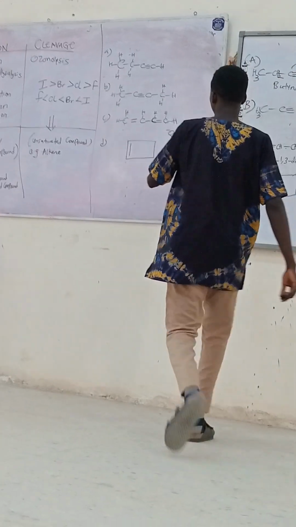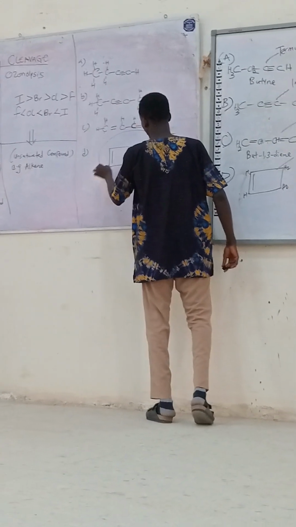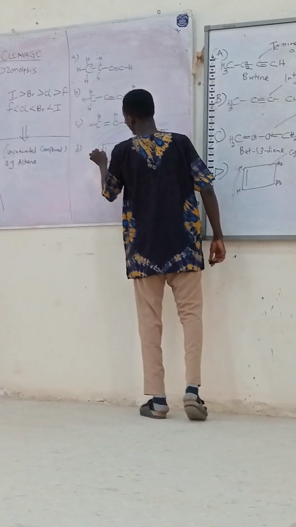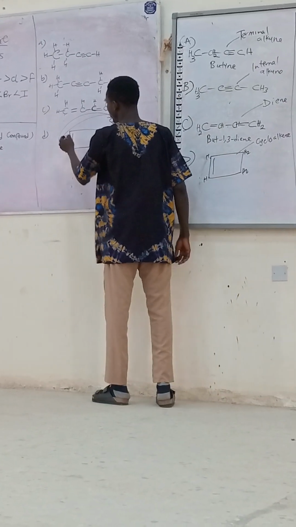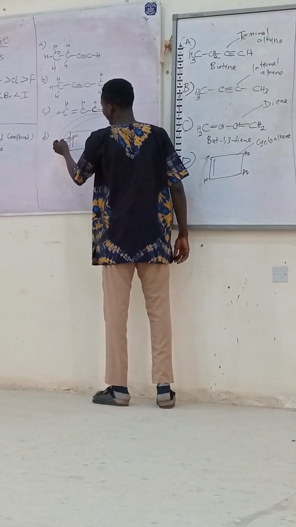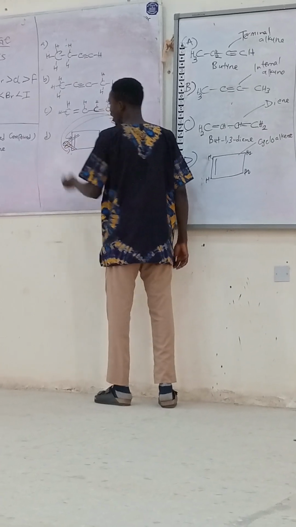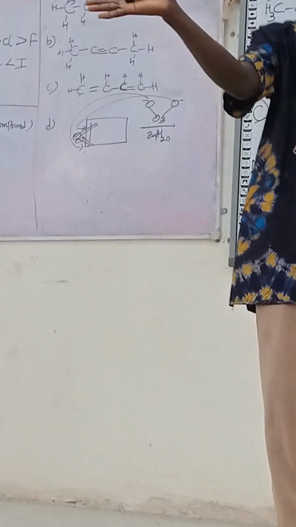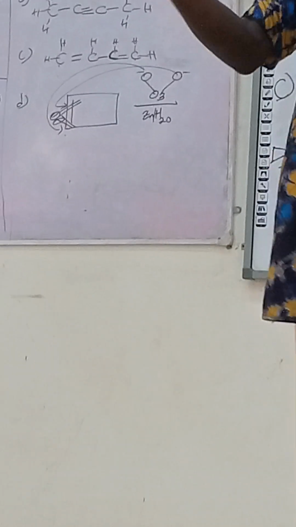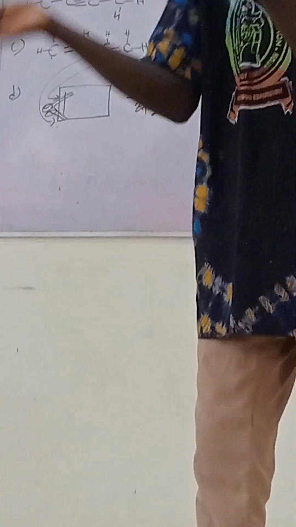What will happen is that the 2 of them will come to where this double bond is. They will break it. When they break it, each of them will attach to the edge. So as they do that, they are going to break the cyclic compound open. As they break it open, it's not as if they are adding any carbon to it.